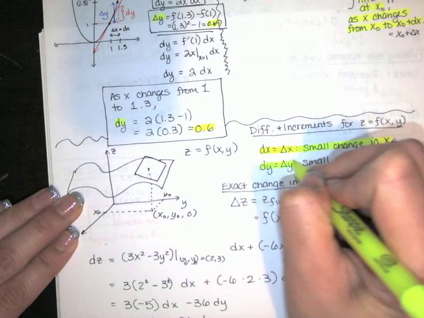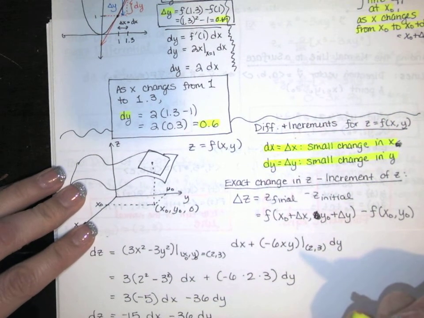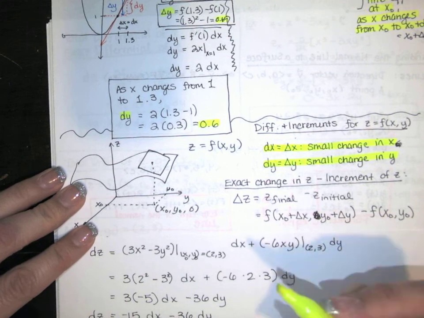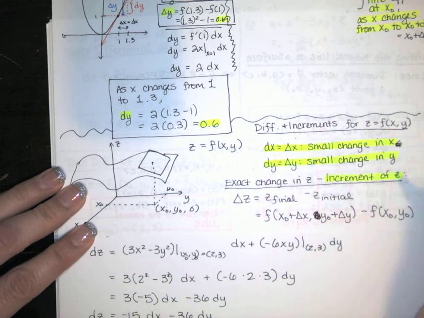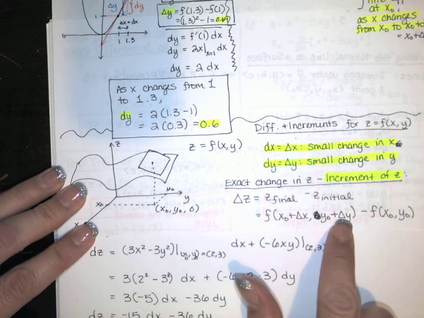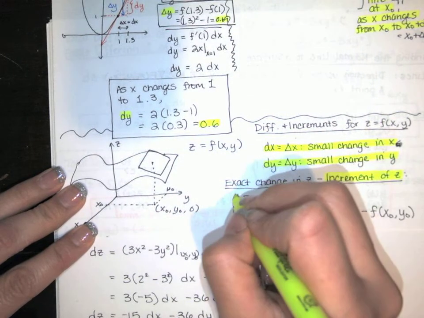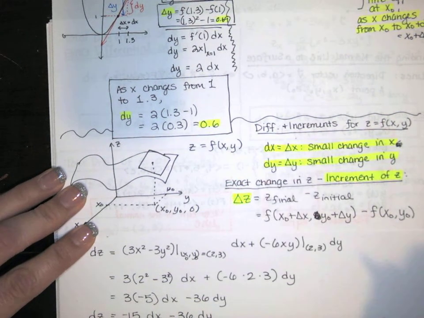We're saying we're making a small change in x and we're making a small change in y. What happens to z? What happens to z is this increment of z. What's the actual change in z? Well, to find the actual change, I find z at my new point and I subtract z at my old point. That's represented by delta z. That's the exact change in z.